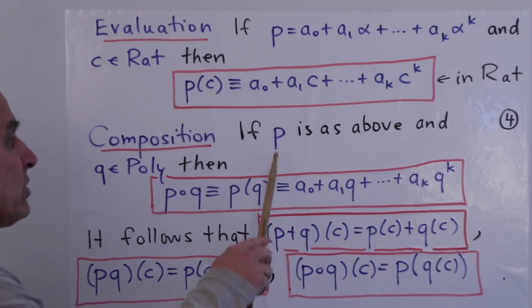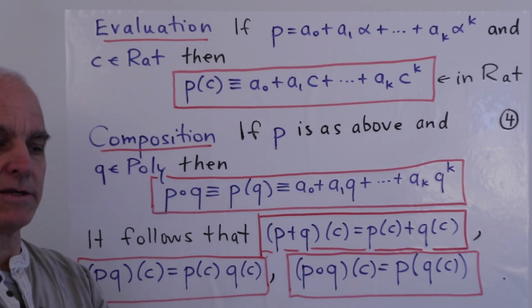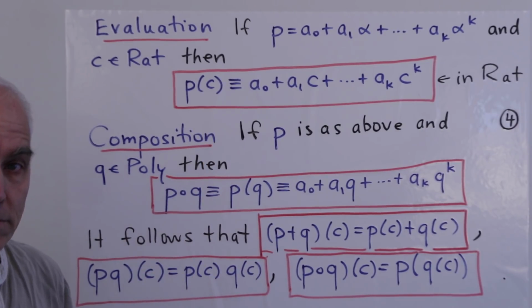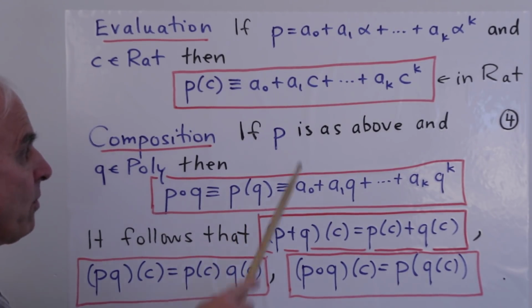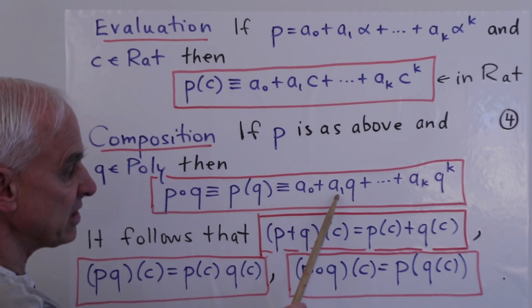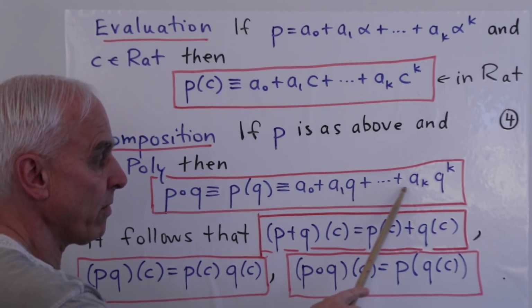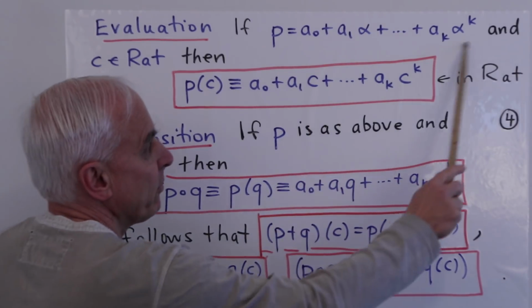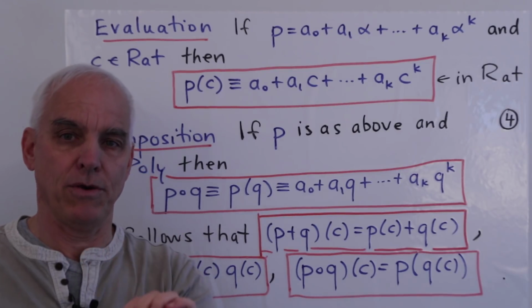So what we're doing now is we're saying, okay, we've just defined this for a number c. Let's extend it so that c is now possibly a polynumber, namely q. In that case, we can define a new object, p of q, which is going to be the same kind of thing, but now we have an expression a0 plus a1 q plus a2 q squared all the way up to a sub k q to the k. What we get when we replace the alpha in the expression for p with the polynumber q.